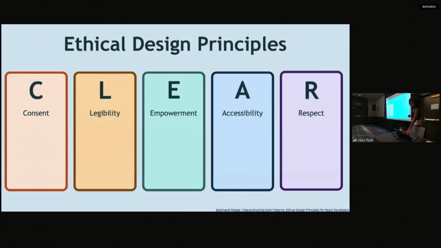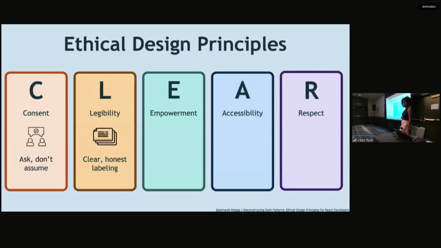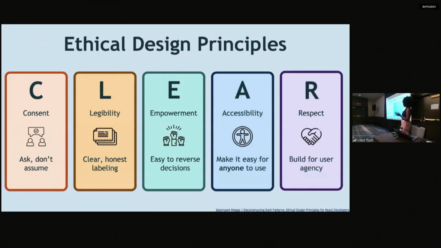So products and services should be built with first, consent, ask, don't assume. Second is legibility, having clear and honest labeling. Third is empowerment, so easy to reverse decisions. Fourth is accessibility, make it easy for anyone to use. And lastly, respect, build for user agency. And we'll be kind of going through each one with some examples.